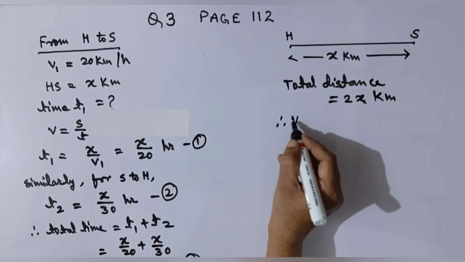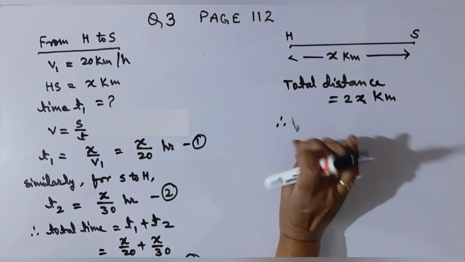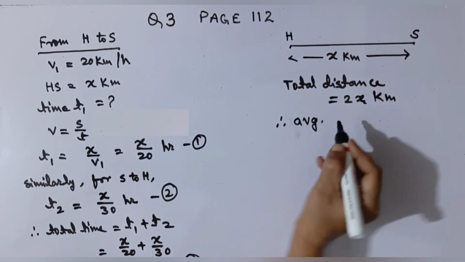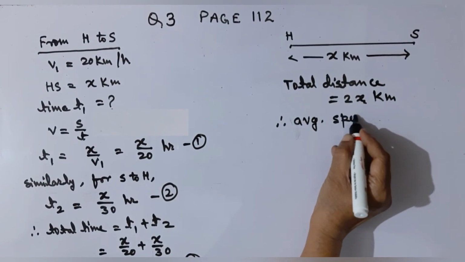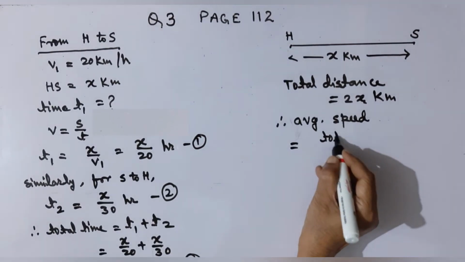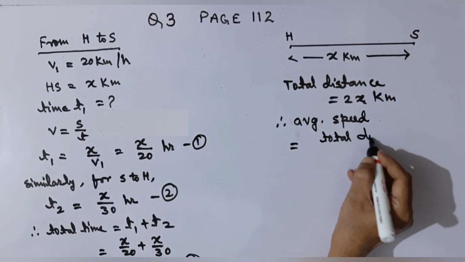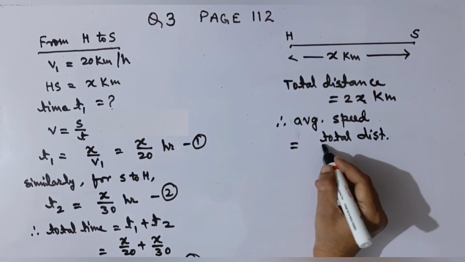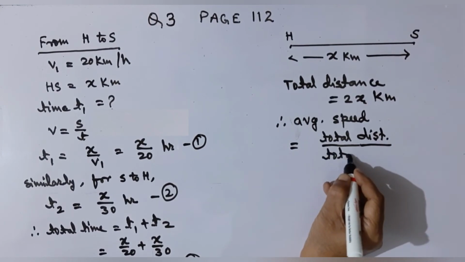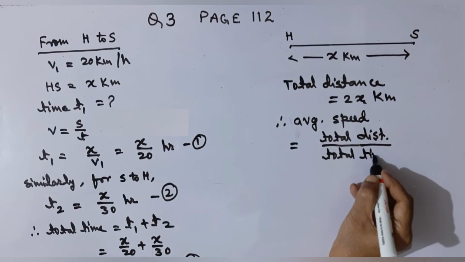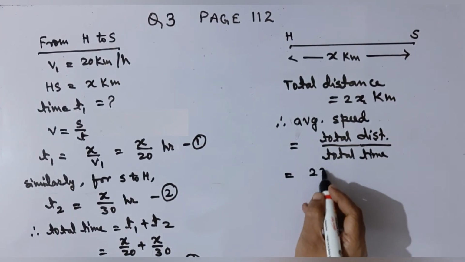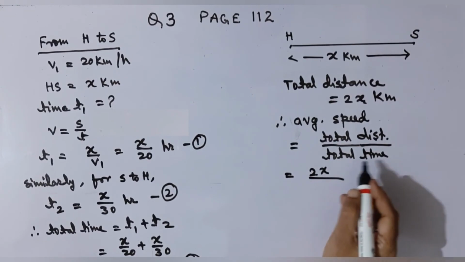Therefore, average speed will be equal to total distance upon total time. That is, total distance is 2x divided by total time.